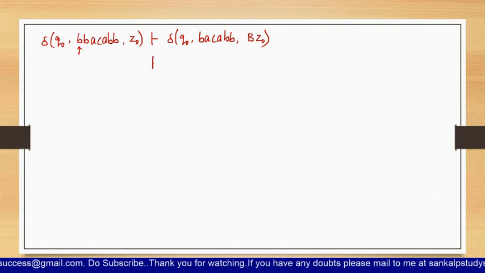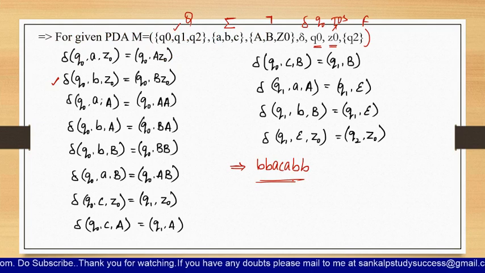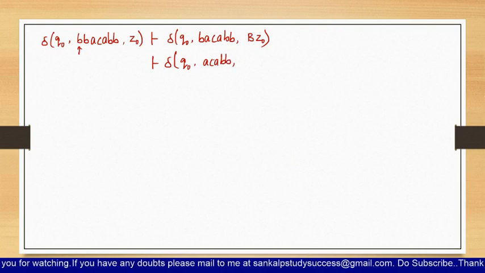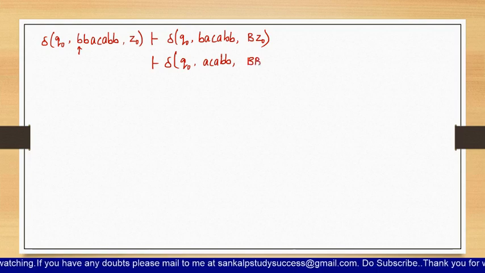Now the instantaneous description here, the transition function of Q0 B and capital B. Let us see whether there is a move or not. See here, Q0 B and capital B is equal to Q0 comma BB. So it is moving again to Q0 only, and we are left with ACABB. So the top of the stack is again BB, that means you are pushing one more B inside.